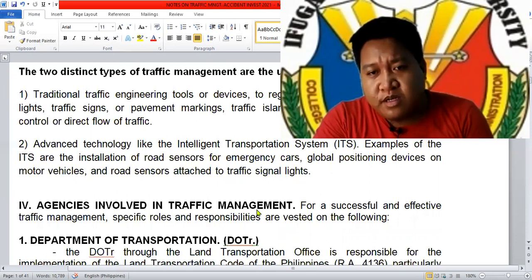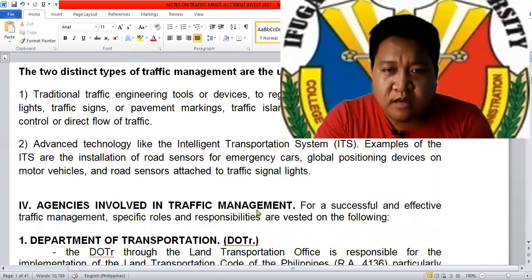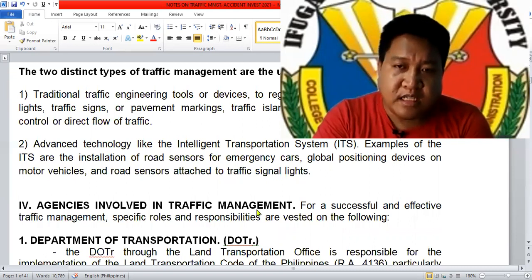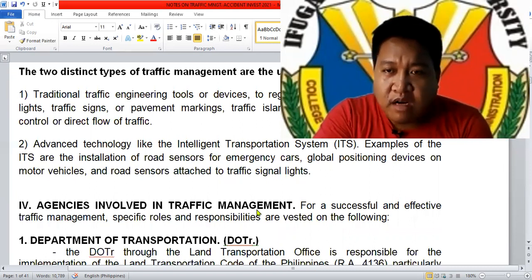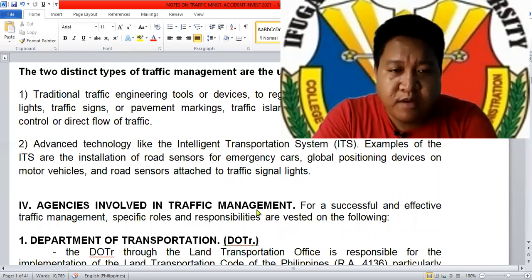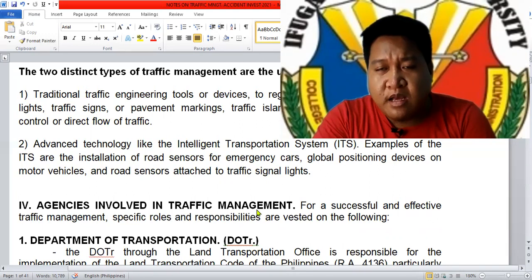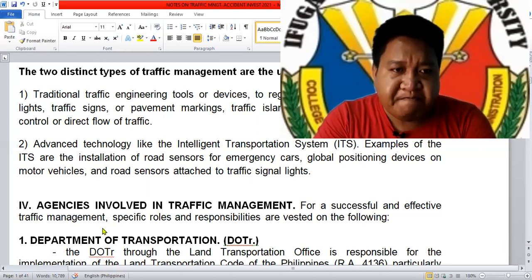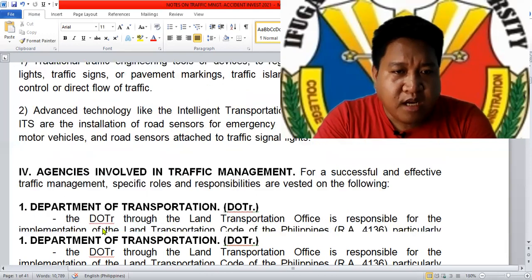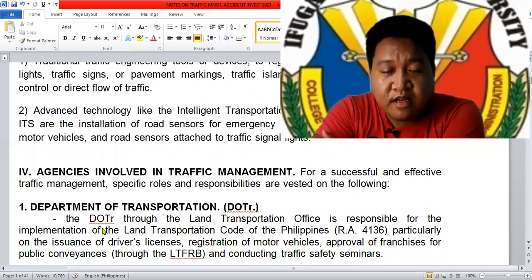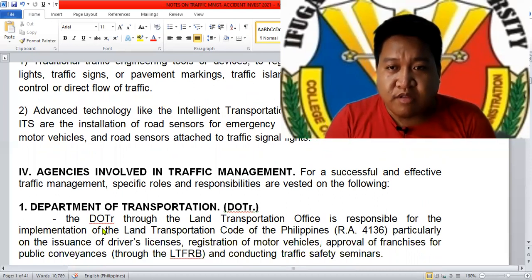Traffic management is not a sole responsibility of a single agency, but it is a collective management involving several and different agencies, especially in our country. So let us see some. Number one, of course, is the DOTR, formerly known as DOTC. Ang dating pangalan ng DOTR is DOTC.